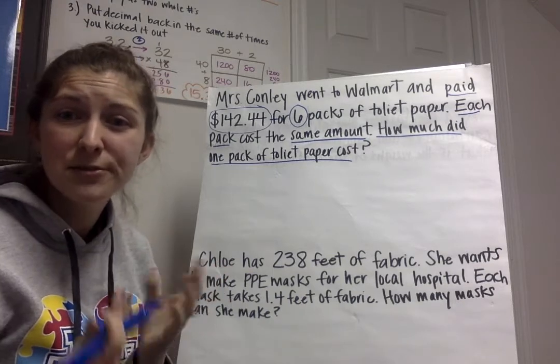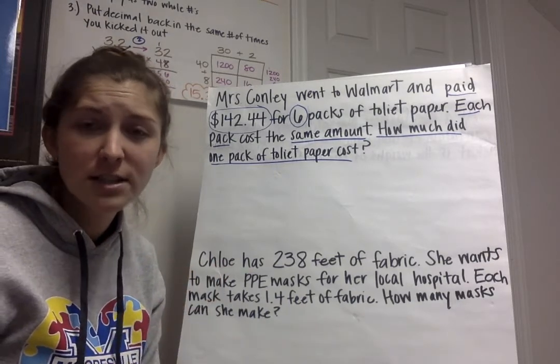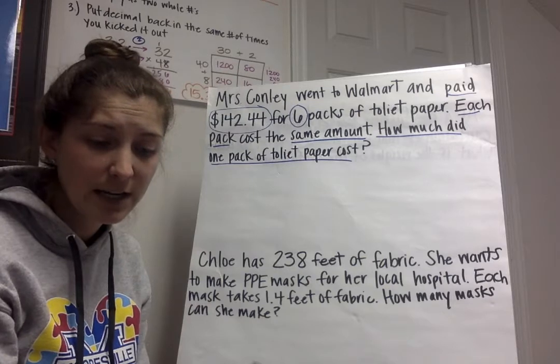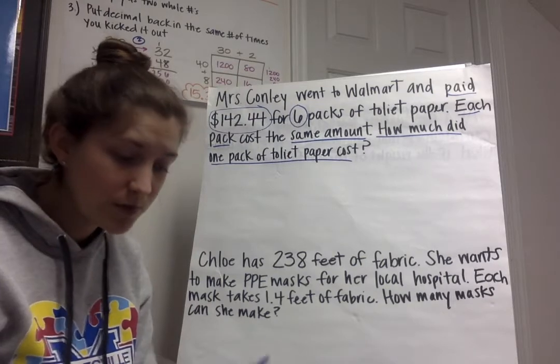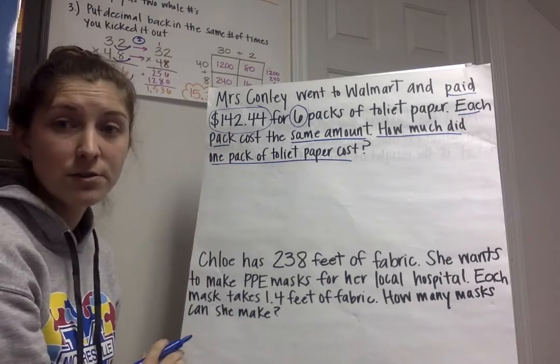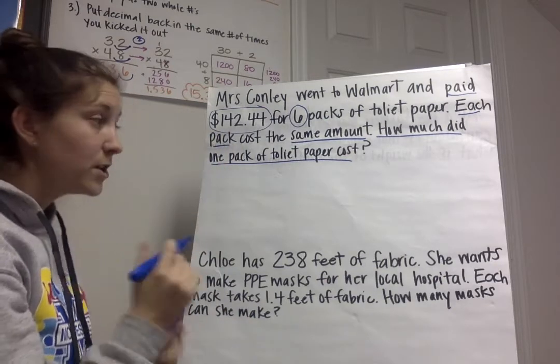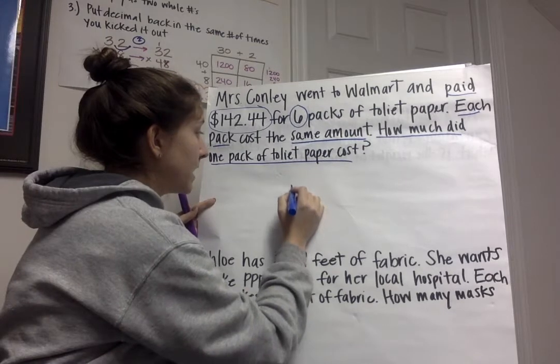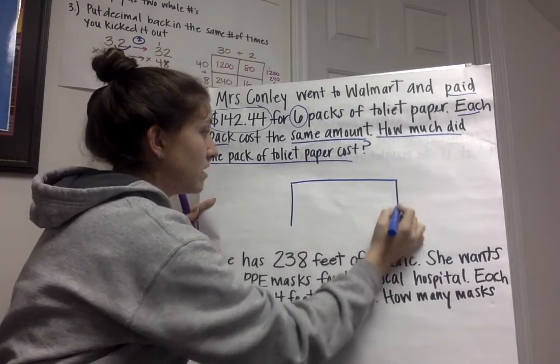So I've got to do some division here. Okay, if they each costed the same amount, there's some things here that I need to divide. So I'm going to use a couple different colors here to help break it up. $142.44 is going to be the dividend. So that's going to be the number that I put inside of my box here. So I'm going to go ahead and draw my box up.